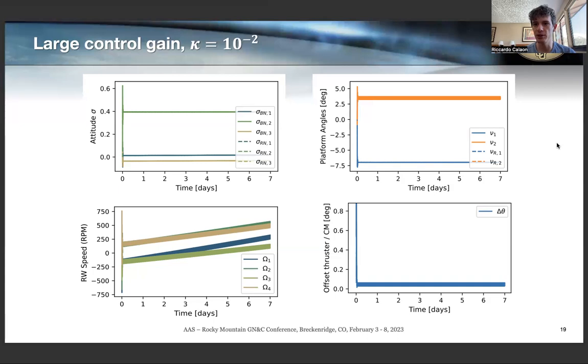I'm showing these simulations to highlight the deeply interconnected nature of all these components. If the controller cannot converge onto a direction, it means that the platform keeps oscillating back and forth, which means that the thrust direction in body frame coordinates keeps changing.